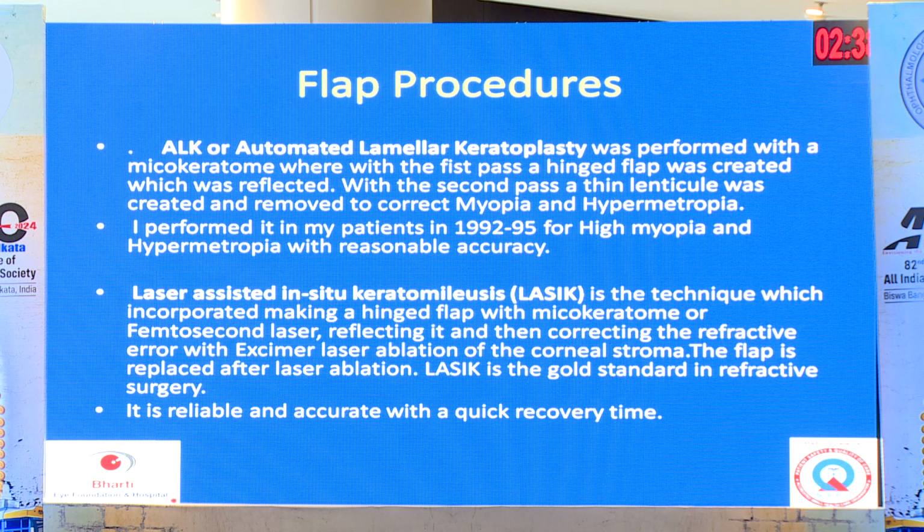But it was not an accurate procedure, and that is why hyperopic ALK was not very popular, but myopic ALK was good for high myopia, even up to 10 to 14 diopters.